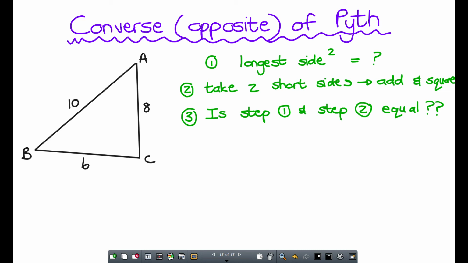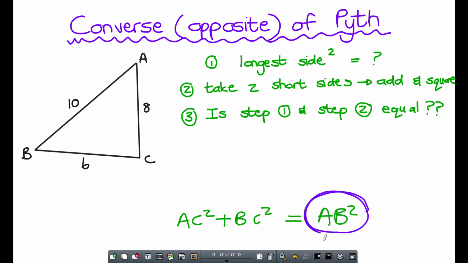How do we know where the 90 degrees angle will then be? Okay, so we first remember Pythagoras in this case. If it was a 90 degrees angle, I would have said AC squared plus BC squared will be equal to AB squared. So in step 1, we take the longest side and square it.